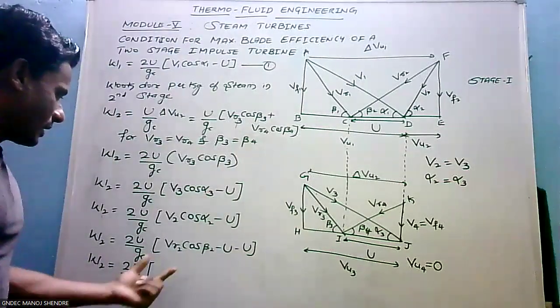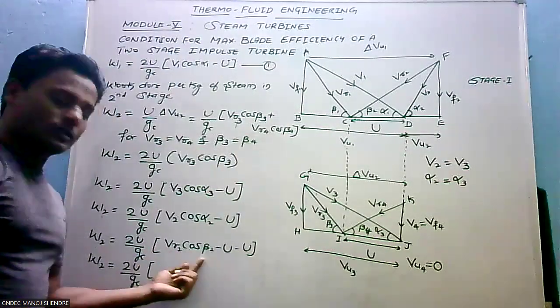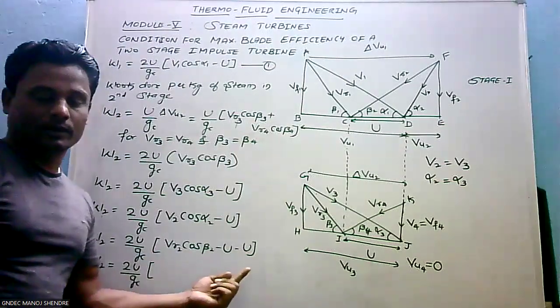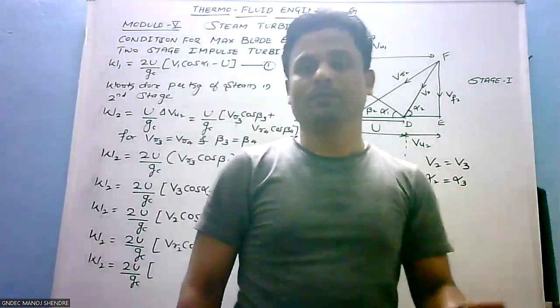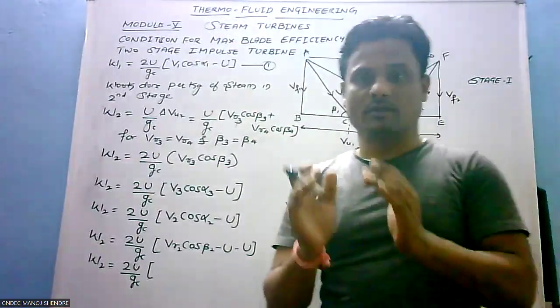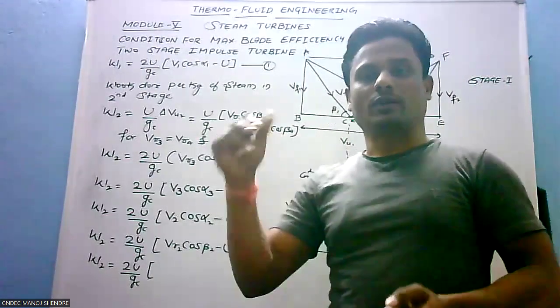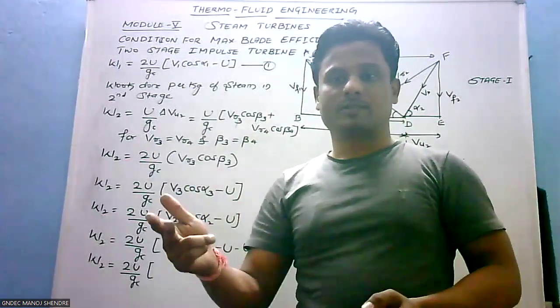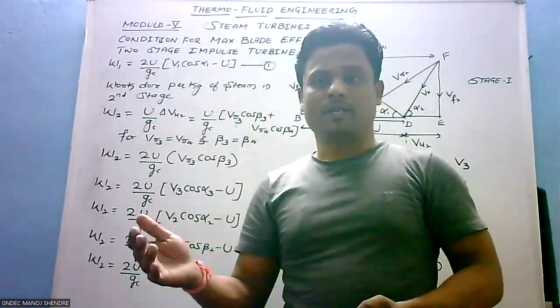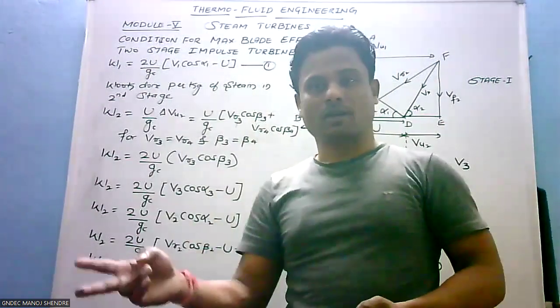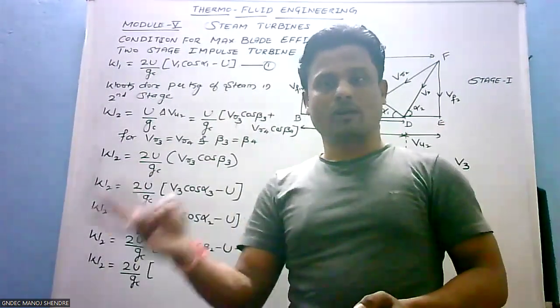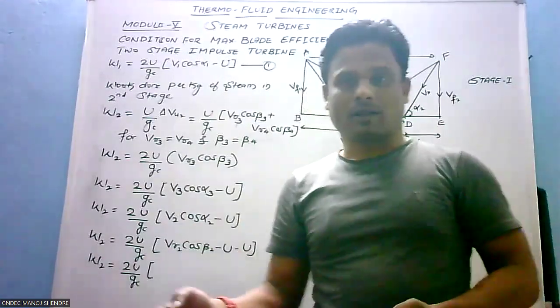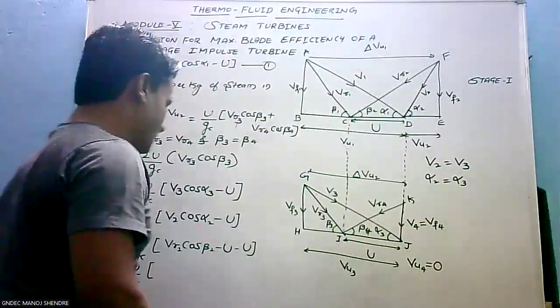Okay. Again here, VR2 equals VR1 and beta 2 equals beta 1, because the blades are equiangular. Remember, for the fixed blades or the moving blades or the second set of moving blades, we are assuming beta 3 equals beta 4, alpha 2 equals alpha 3, and beta 1 equals beta 2 for equiangular condition, right?